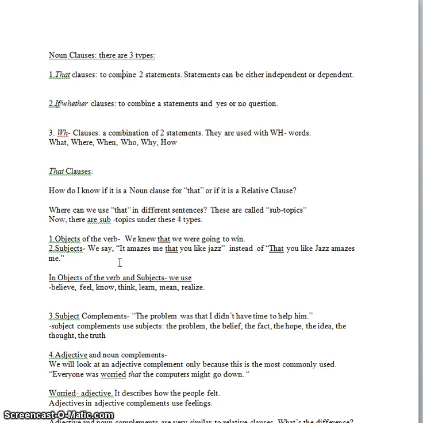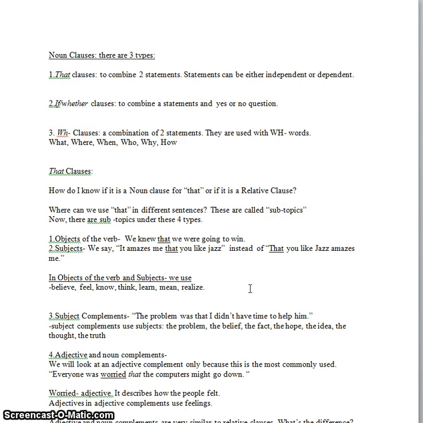Now there's something else that's very important that you need to know. In each of these clauses here, 1, 2, and 3, we have subtopics underneath the 3 types.